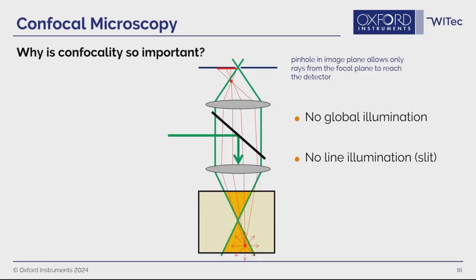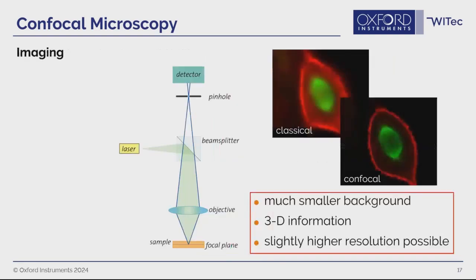Thus, we don't have a global illumination, and with our setup, we don't have a line illumination as we do not use a slit, but fiber optics, which provides us additional benefits such as flexibility and a low footprint of the system. Once again, you can see the detection beam path.